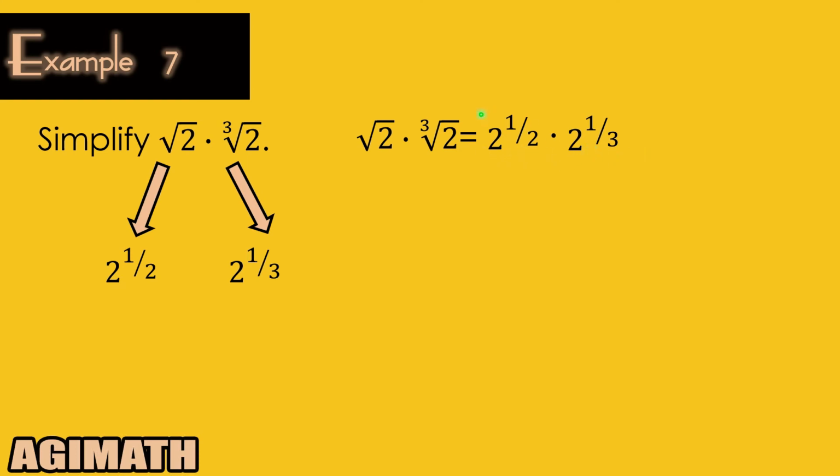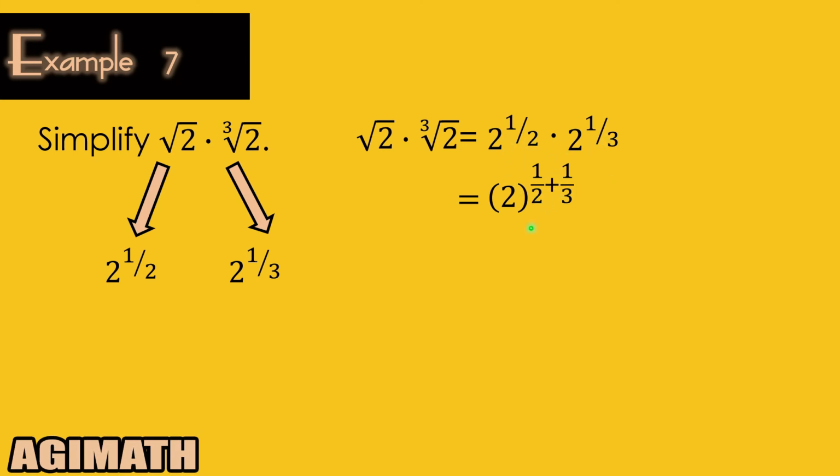What does the product rule for exponents say? It says that if they have the same bases, then we can copy the base and then add the exponents. That's the product rule. Since the operation is multiplication between the exponential expressions, we are just going to add the exponents. That is the product rule.